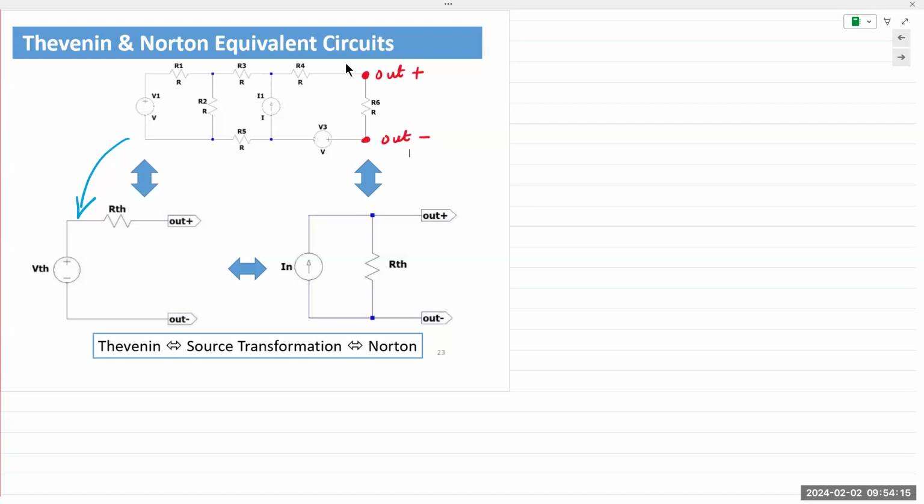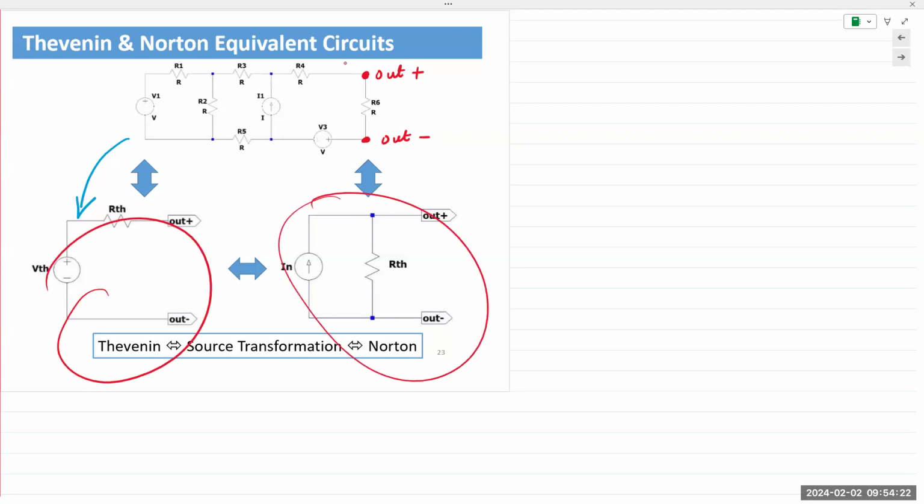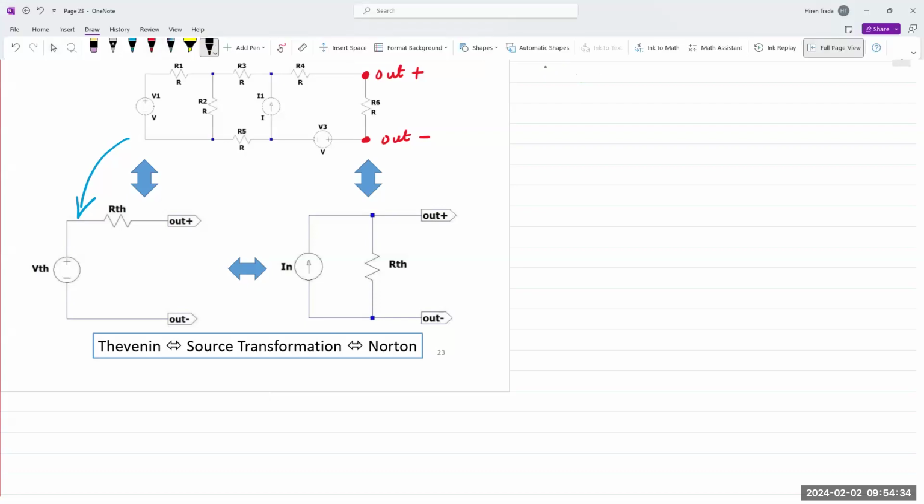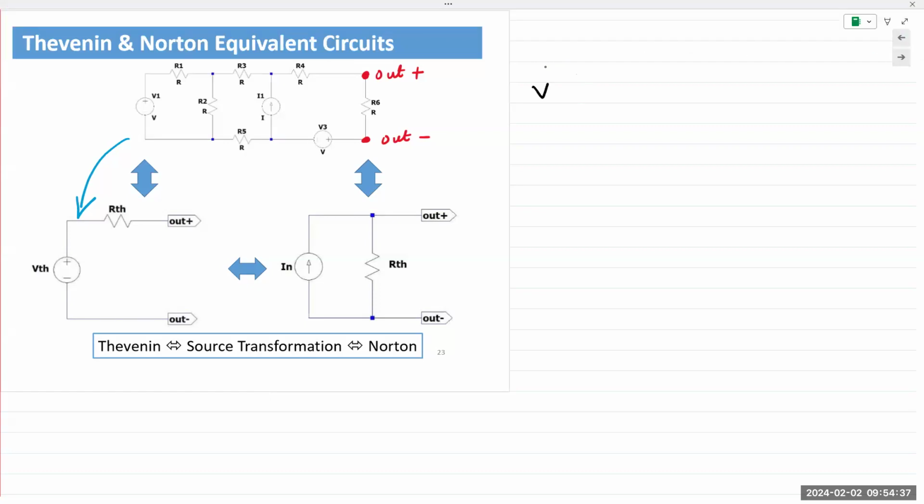So this is the Thevenin circuit. This is the Norton circuit. VTH is the Thevenin voltage.